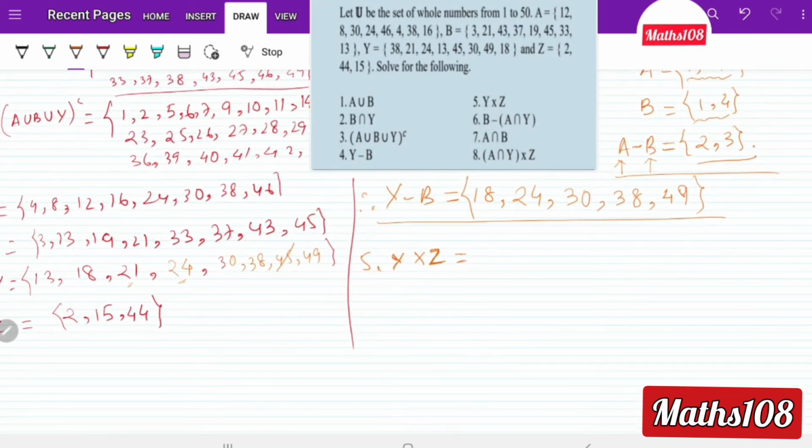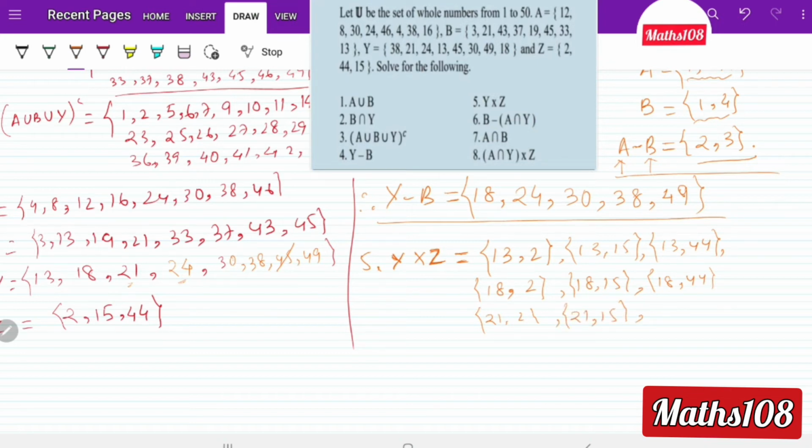So if we do this, 13 2, 13 15, 13 44. Again, let's do it for 18: 18 2, 18 15, 18 44. Same way, let's do it for 21: 21 2, 21 15, 21 44.